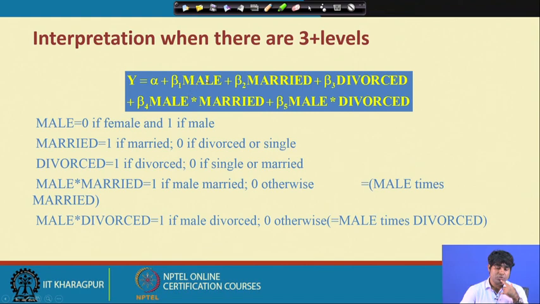When you put 0, it goes to the female structure, and when it is male, it will be 1. So the effect will be alpha plus beta 1, or simply alpha. Then for yes or no, if the person is married it is 1, otherwise it is 0. So every time you can put 0 and 1, and then you will find a big difference.